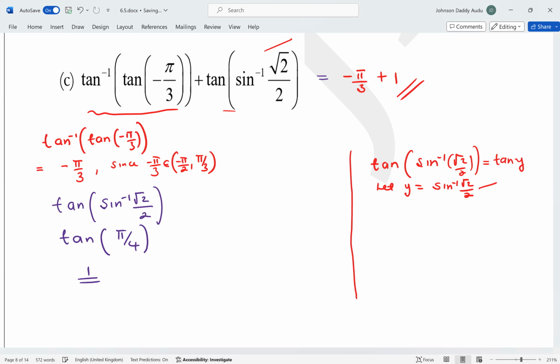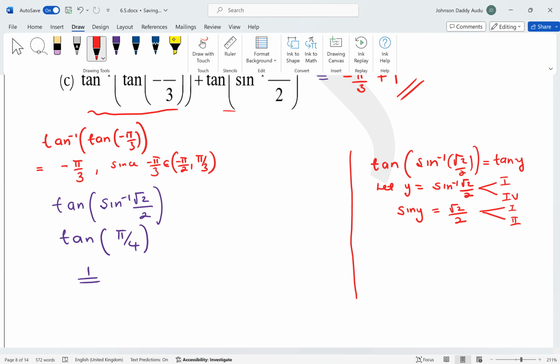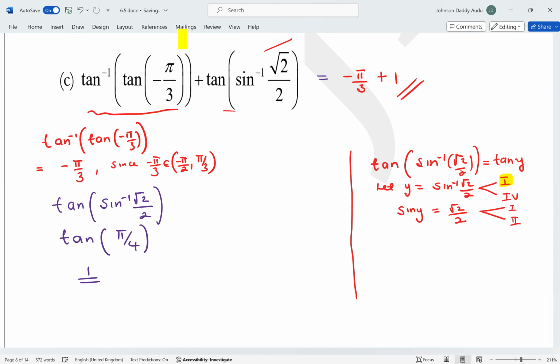Sine inverse can be in the first or fourth quadrant, and sine y is root 2 over 2. Sine is positive in the first or second quadrant, so the common quadrant is the first quadrant. So we're in the first quadrant.